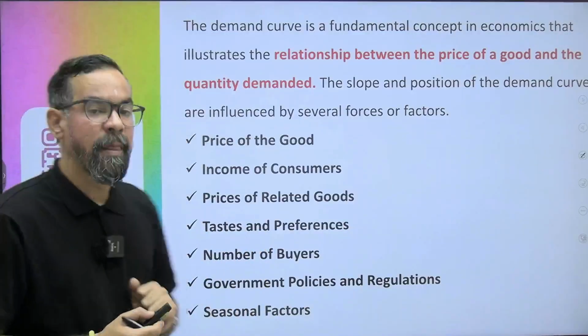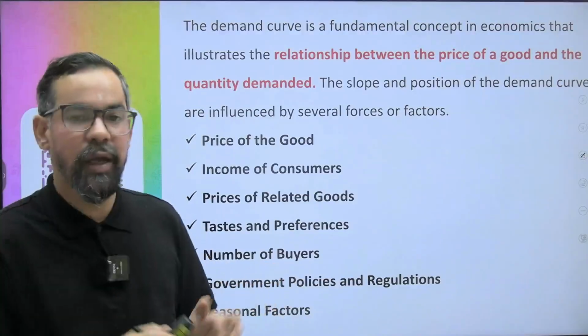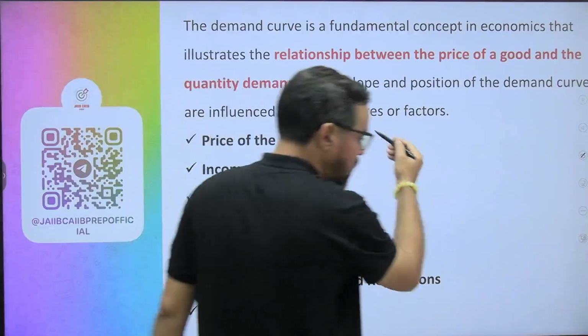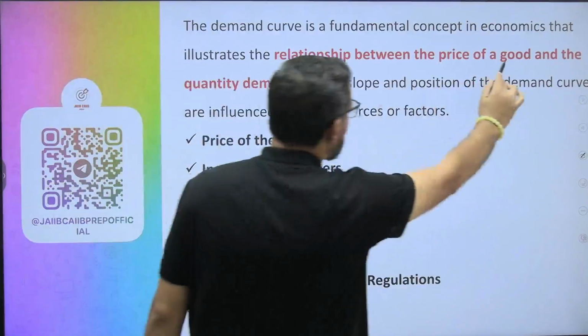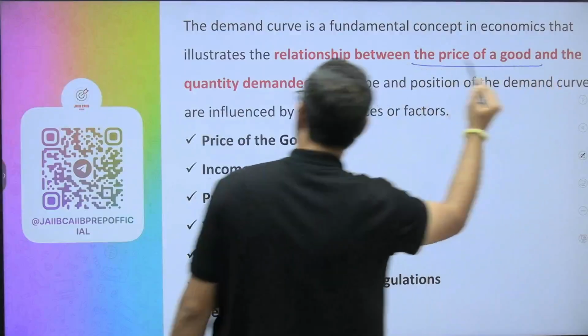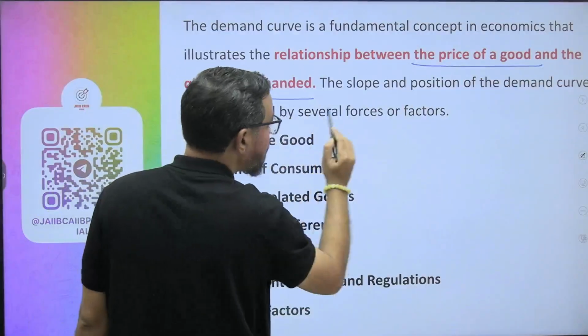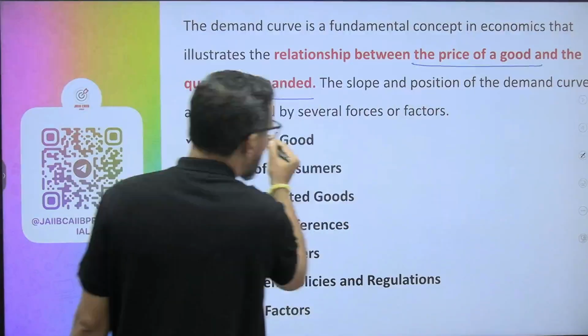So now the factors determining this slope. Why does this slope move downwards to the right side? The demand curve is a fundamental concept in economics that illustrates the relationship between prices of goods and quantity demanded. The slope and position of the demand curve are influenced by several factors.